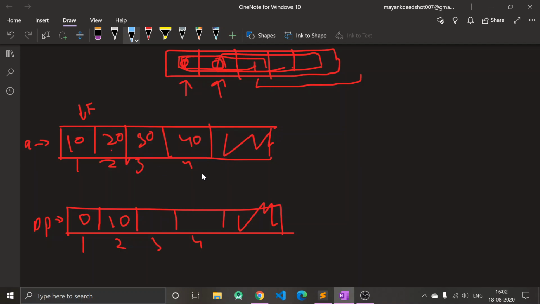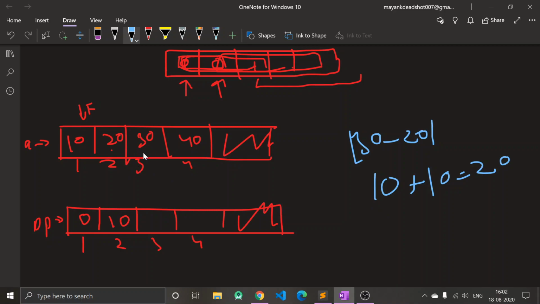First we check 30 minus 20, which gives 10, plus the pre-computed value in the dp array, which is 10. 10 plus 10 gives 20.